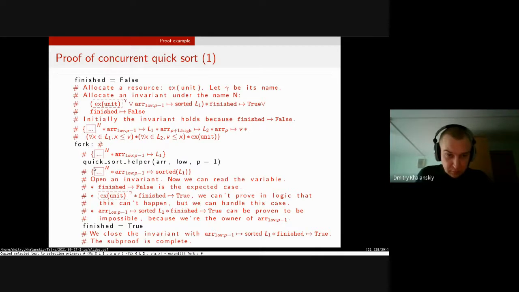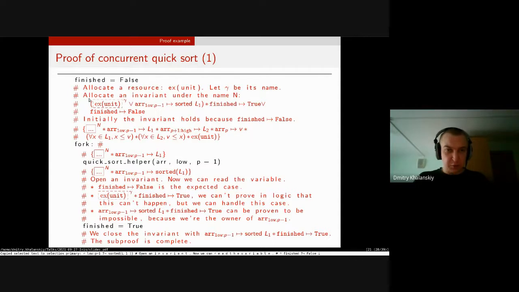Then, before writing the value true to the finished variable, which we assume to be an atomic operation because we don't deal with weak memory models here, we can open an invariant and close it after writing the value to the finished variable.